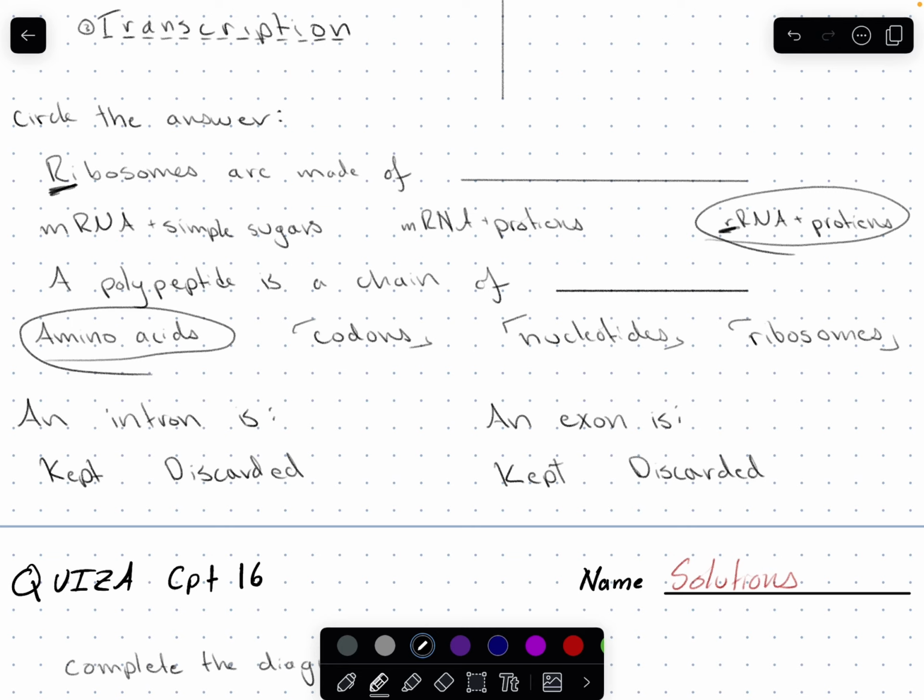Now, an intron, does an intron get kept or does an intron get discarded? That's a good question. Well, as it so happens, an intron is yeeted. It gets gone. And so if an intron is discarded, then an exon is kept.